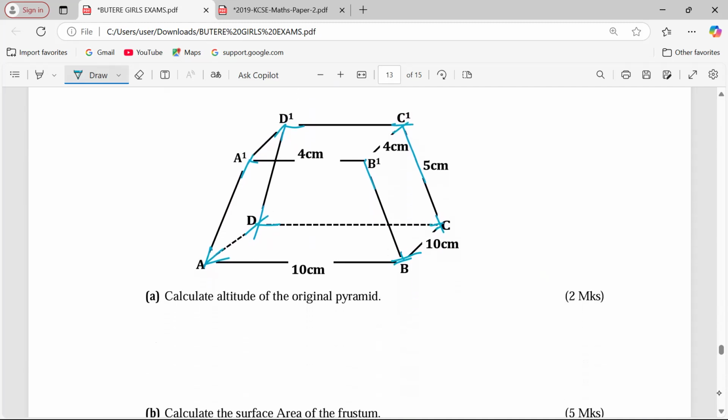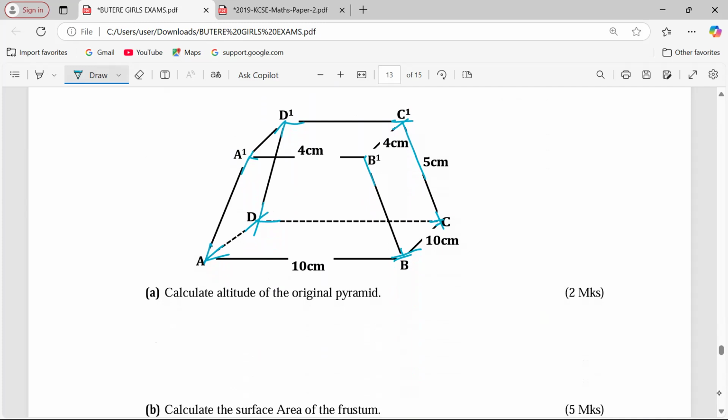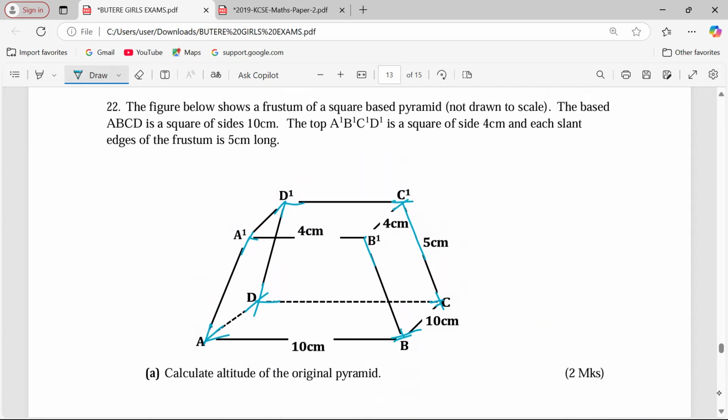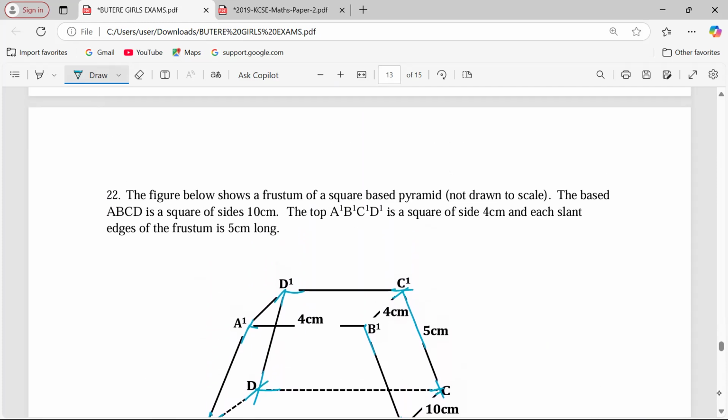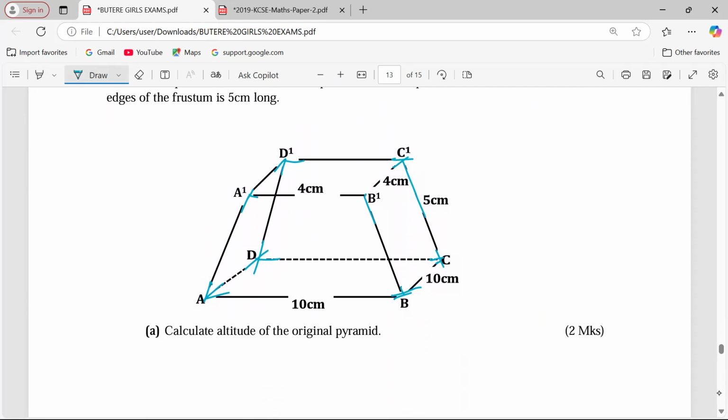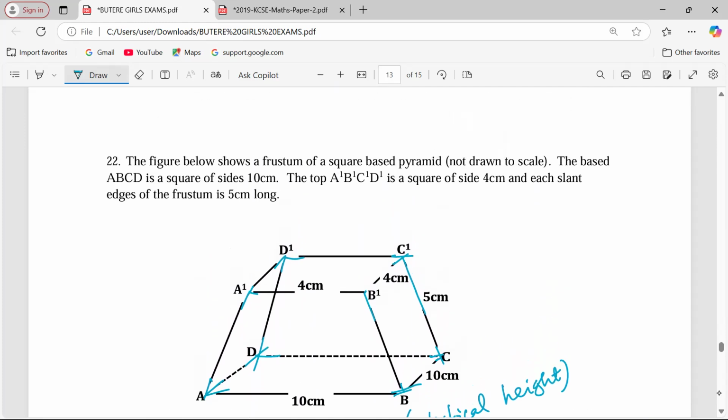Let's look at the questions now. Calculate the altitude of the original pyramid. That means we are finding, no, altitude is the vertical height. Another name of altitude means vertical height. We are finding the vertical height.